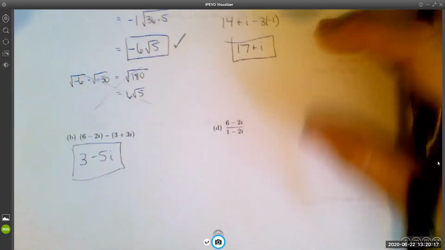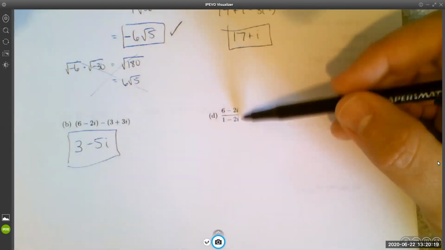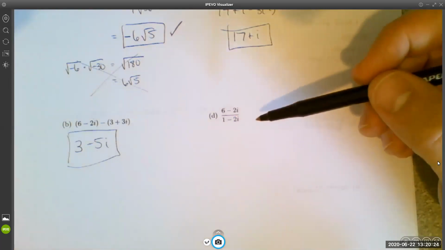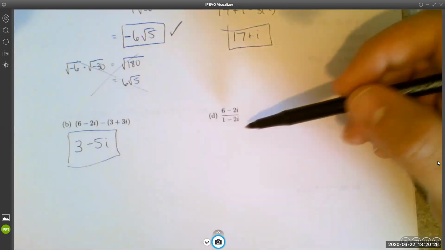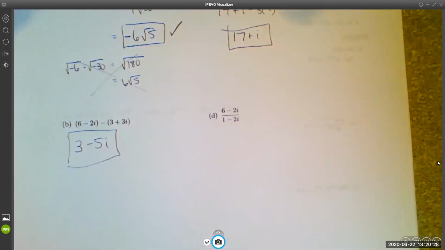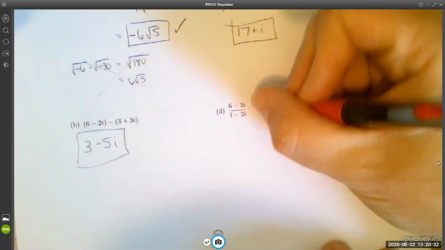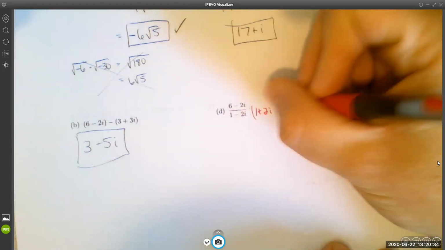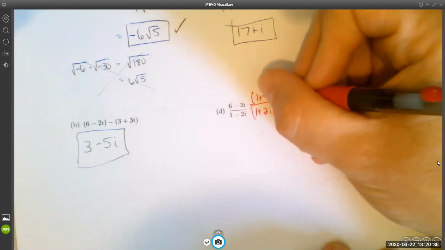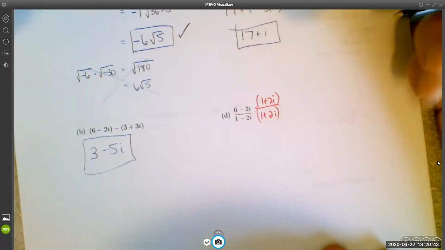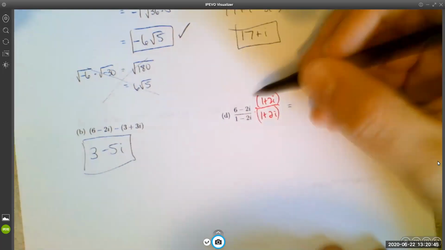And then finally, if you're confronted with this kind of situation where you're dividing two complex numbers, then just like we did when we had radicals, we multiply by the conjugate. So the conjugate of 1 minus 2i is 1 plus 2i, right? You just change the sign in the middle. This is going to clear the radical. Or not the radical, but the complex number, the imaginary unit, i.